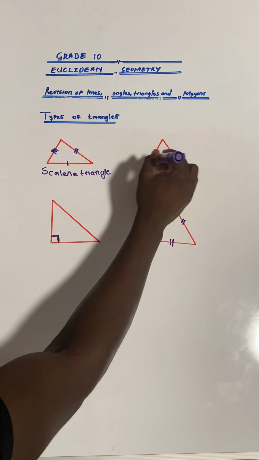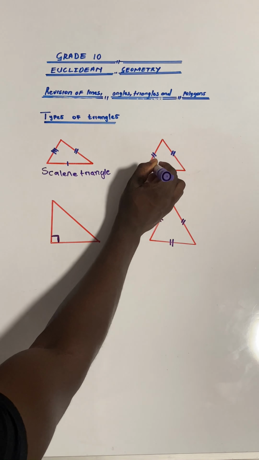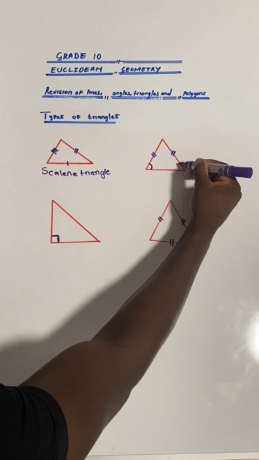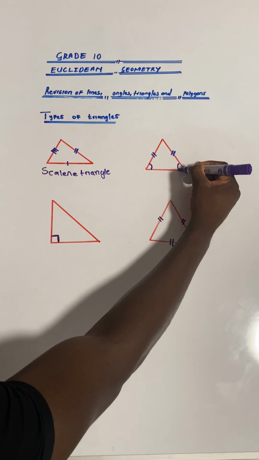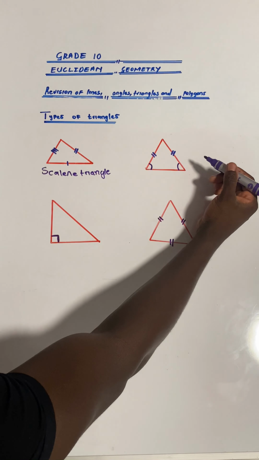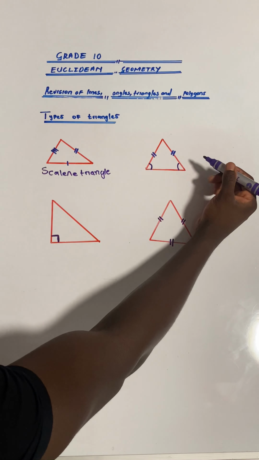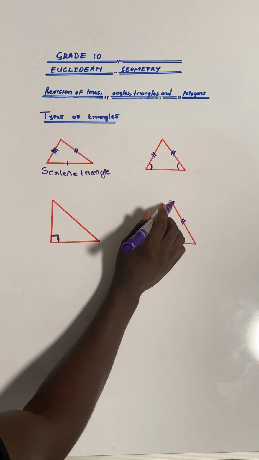The moment we have two opposite sides being equal, we are saying the two base angles are equal, right? The opposite base angles are equal. So what is this type of triangle?